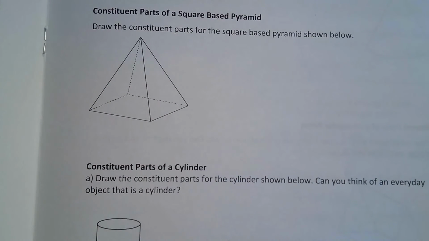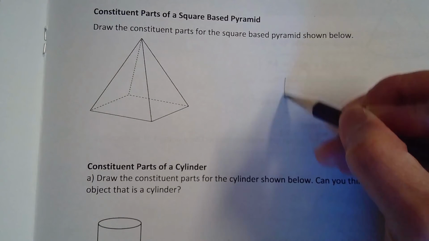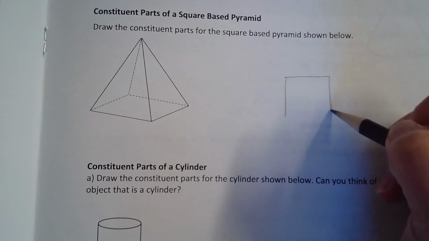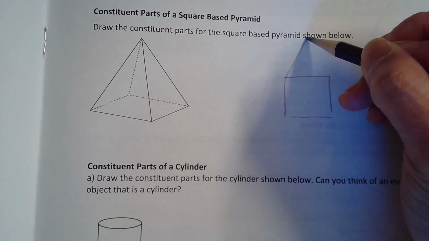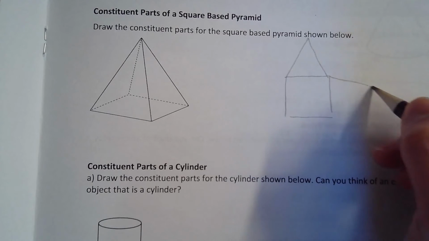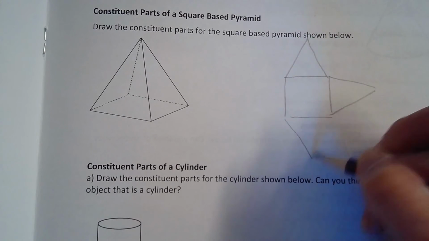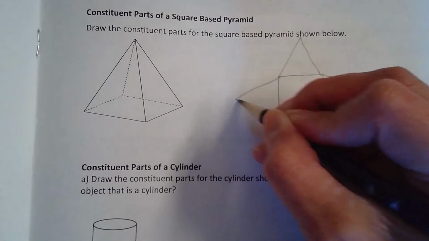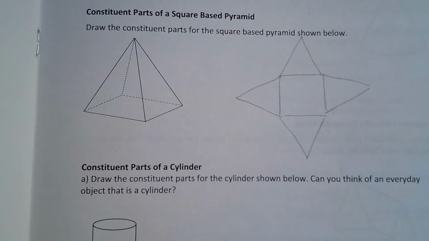What are the constituent parts? 4 triangles and 1 square. Yeah, 4 triangles and then 1 square in the middle. Yes, excellent. And it looks like that. Yep, good. Okay, that's all we need to do there.